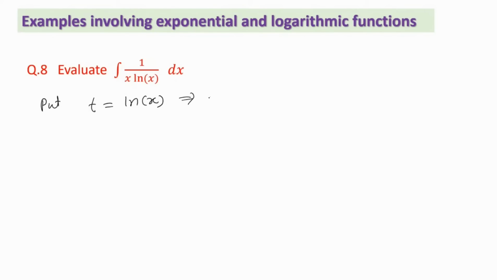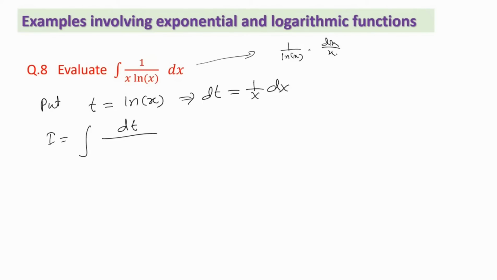So this implies dt is equal to 1 over x dx. So our integration is reduced to, if you separate them, you can write it here 1 over ln x and dx over x.